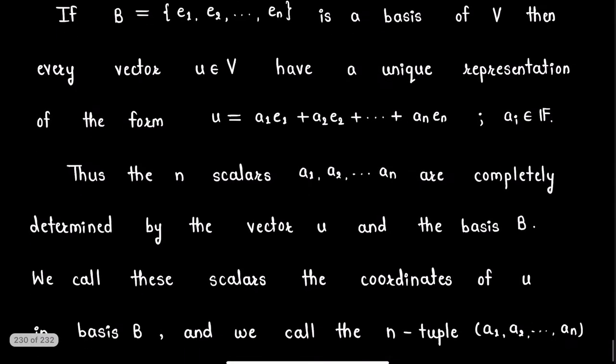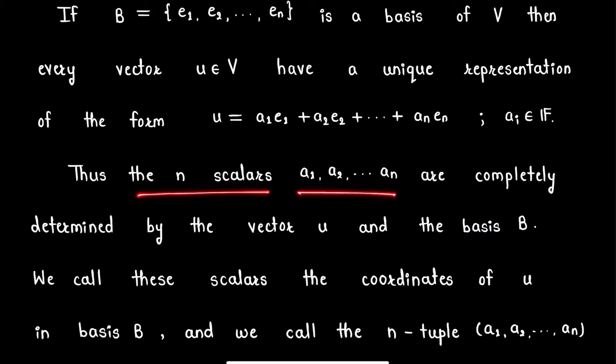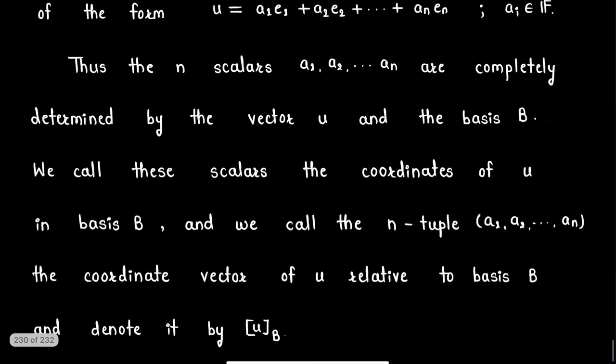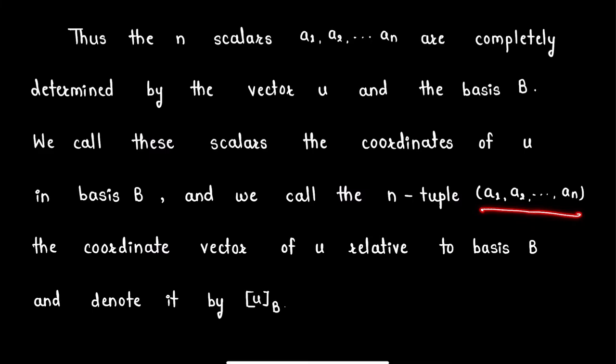Now, because of this unique representation, the n scalars a1, a2, up to an are completely determined by the vector u and the basis B, and we call these n scalars the coordinates of vector u in basis B. We call the n-tuple a1, a2, up to an the coordinate vector of vector u relative to basis B, and we denote this by this symbol.